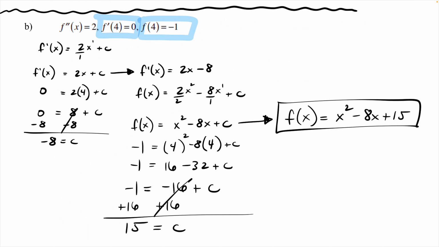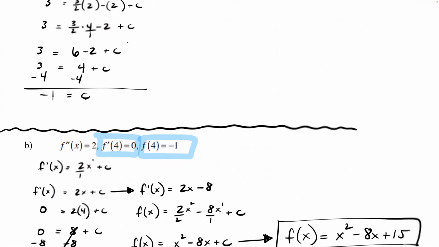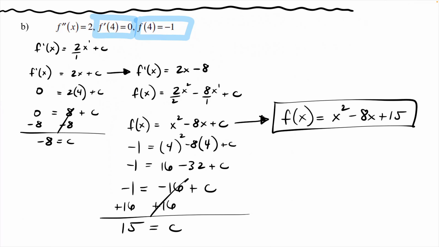Now you can only do that if they've given you the conditions. These were the only ones that gave you conditions. On the first 3 pages, they didn't give you any conditions, so we had to leave plus c. But these, they've given you some conditions. They're called conditions. Okay.